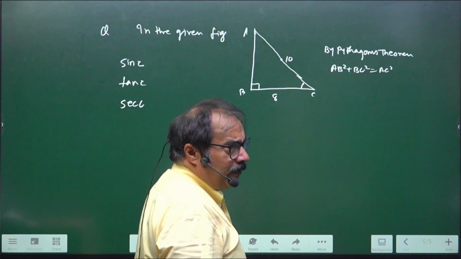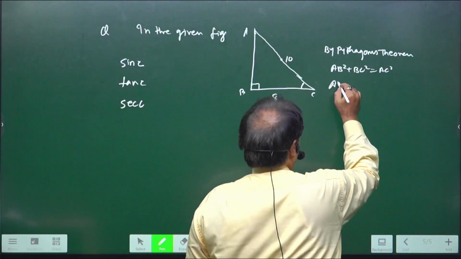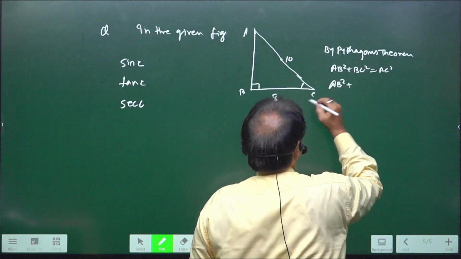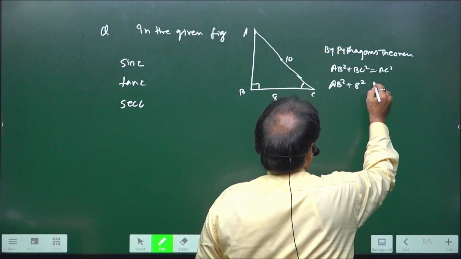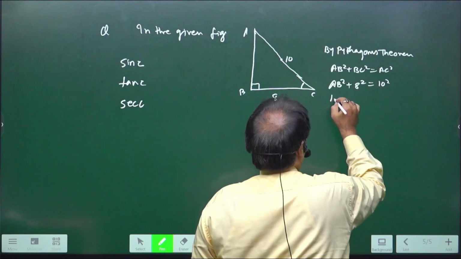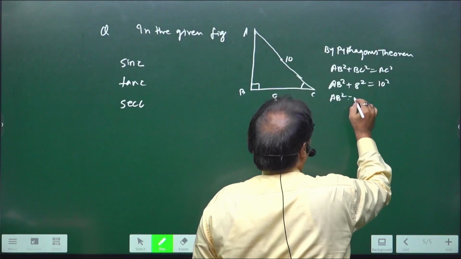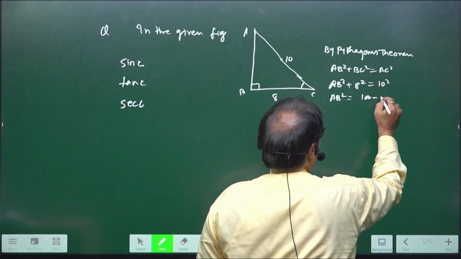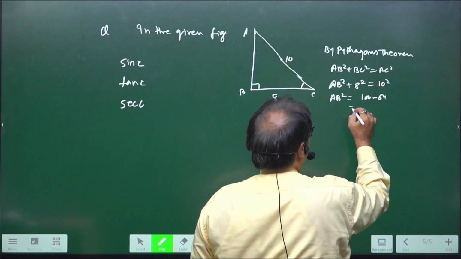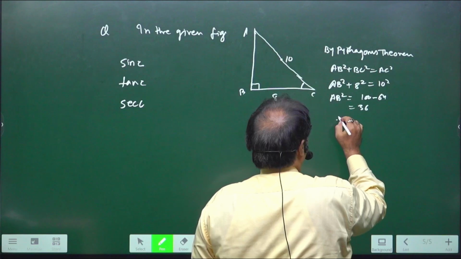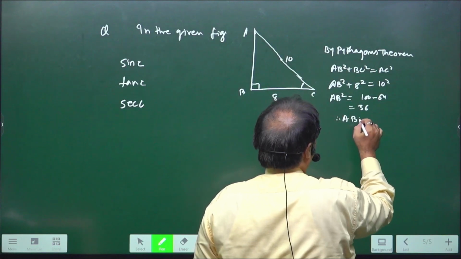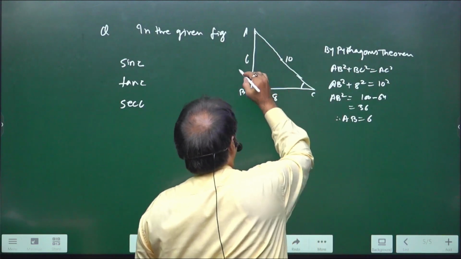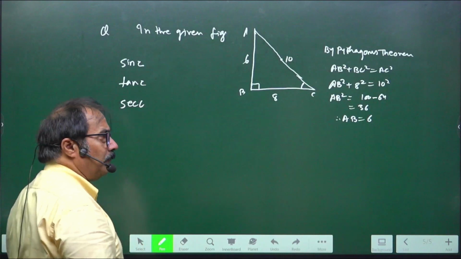So AB we don't have. So AB square, and BC is given 8 square, and this is 10 square. So AB square is equal to 100 minus 64, that is 36. So therefore the value of AB is equal to 6. Okay, we got the value of AB.